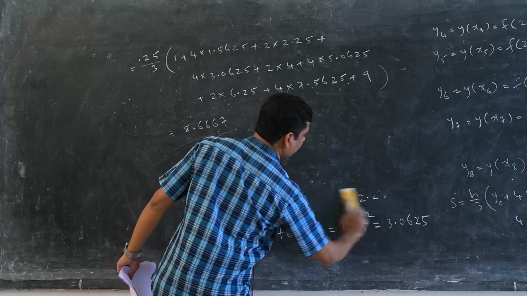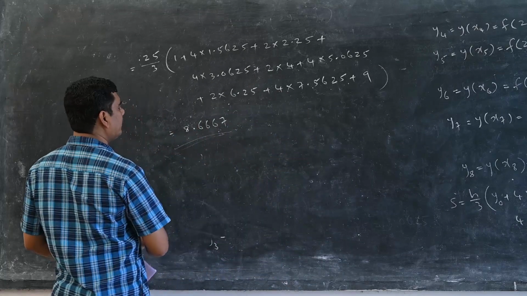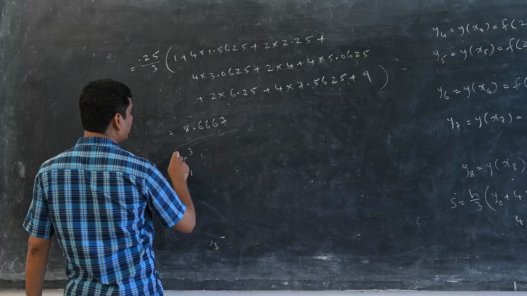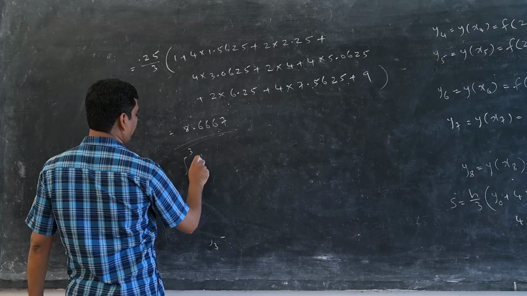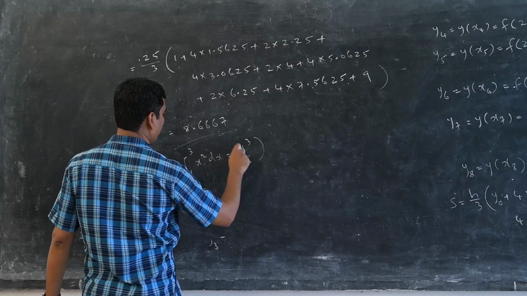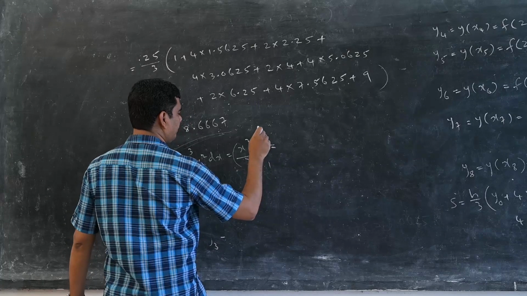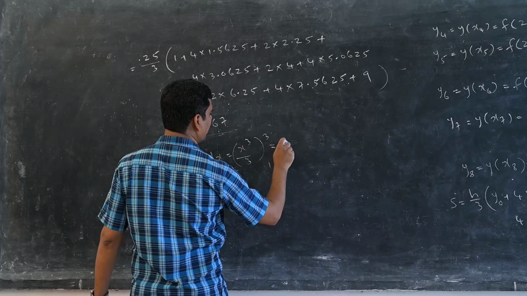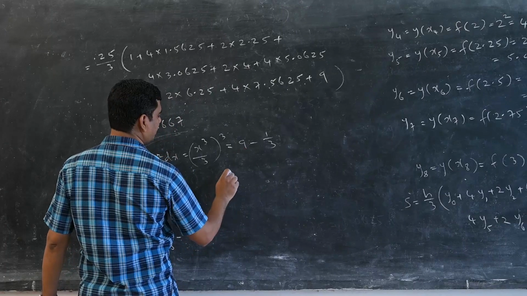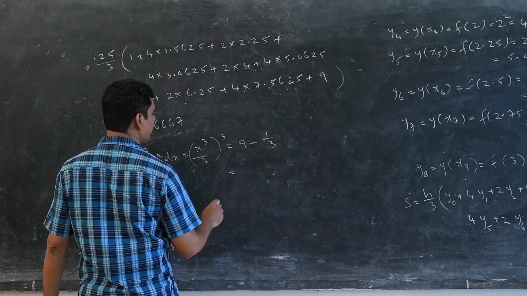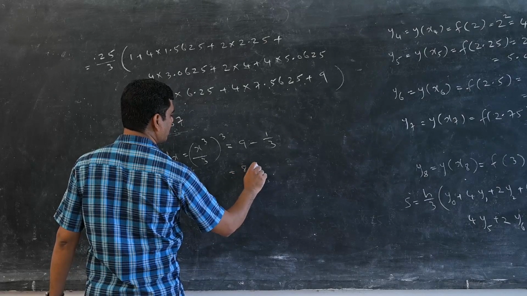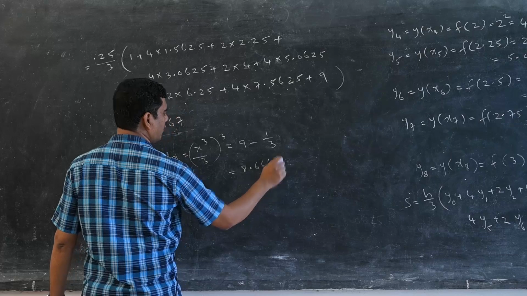8.6667. So the actual value is also integral 1 to 3 x square dx. It is x cube divided by 3, from 1 to 3. It is 9 minus 1 by 3. So this value is also 8.6667.